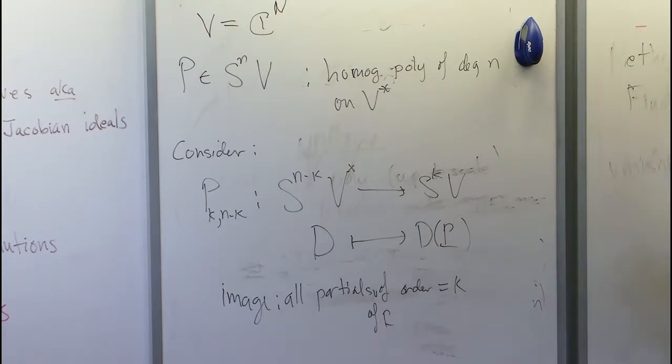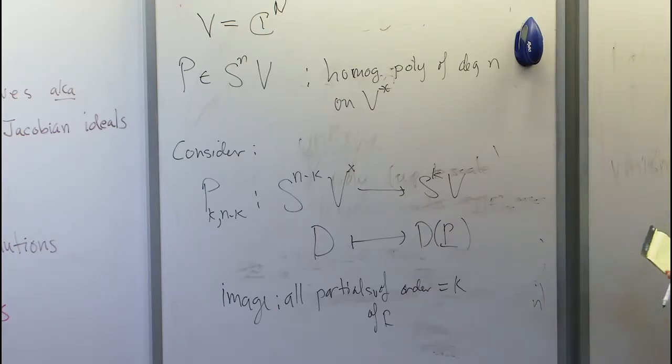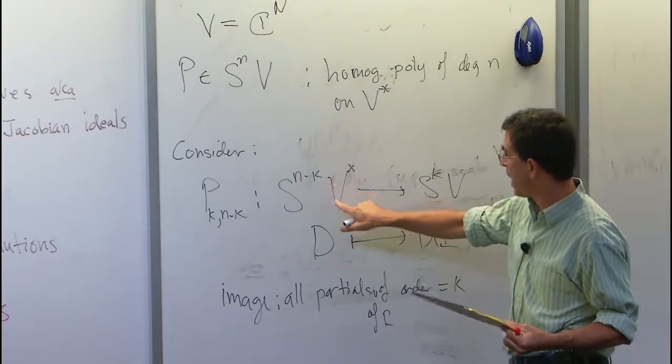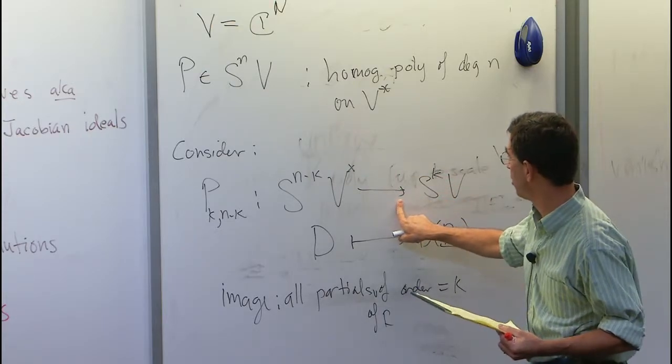So if you have a lower bound on the rank of this map, you have a lower bound on the complexity of your polynomial p. So we get polynomials on the space of polynomials.